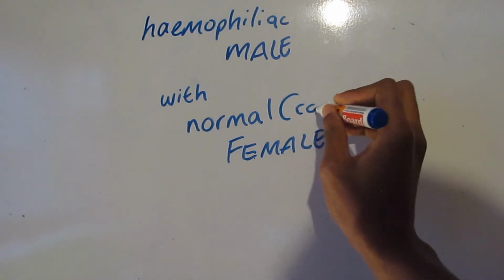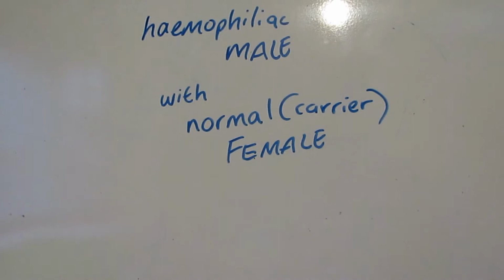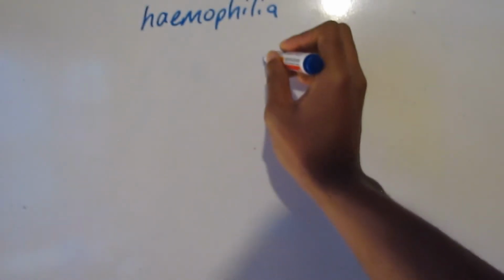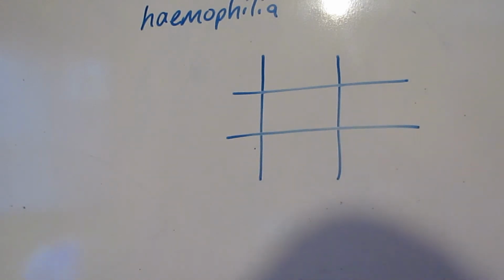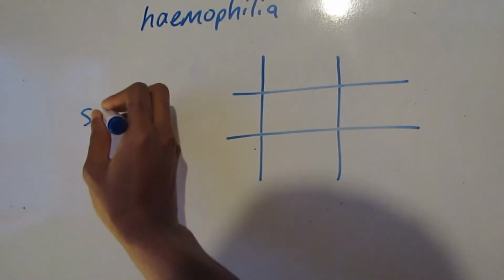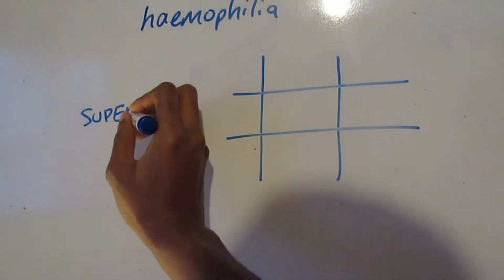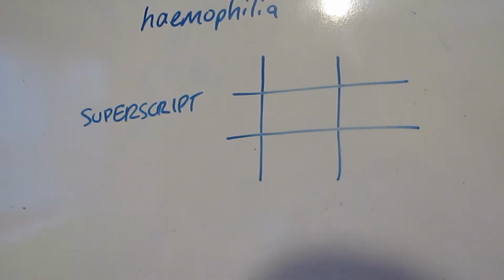Let's check our genotypes and see what they are. Because we are dealing with sex chromosomes, we have to differentiate between an allele for the disorder and a normal allele. So we have to use superscript, and we did cover this in the lesson on codominance. Please have a look back at that video if you are not sure about the superscript notation.